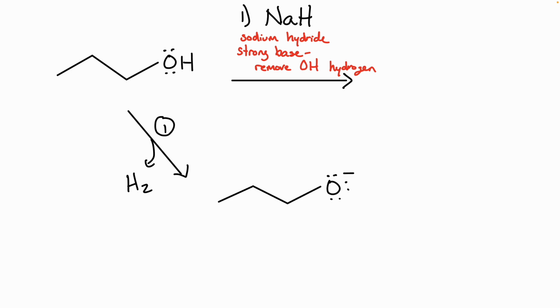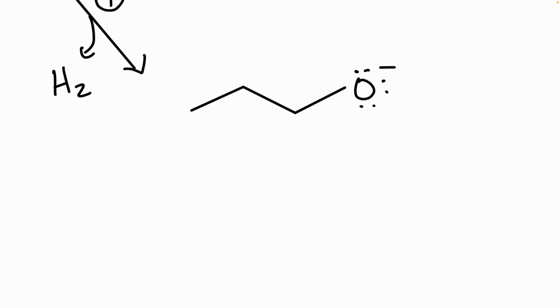Okay? These things here, we've seen these a bunch before. We've used them. We haven't really called them anything. These are what are called alkoxide ions. Hydroxide would just be OH minus. An alkoxide means that there's some alkyl group on there, carbons and hydrogens.